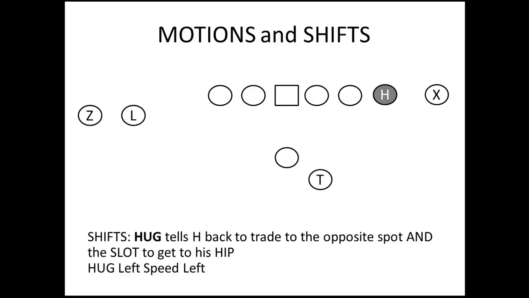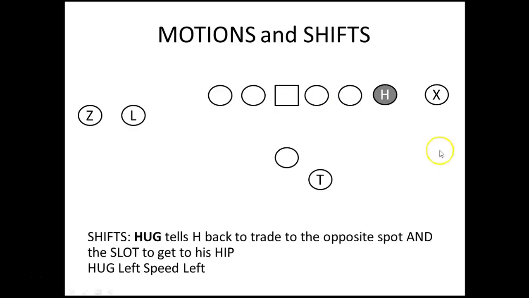So here we go. My first favorite one we would call hug. It would tell more than one player to move. We'd say hug left. And this would tell the H-back to trade to the opposite spot, and at the same time, the slot would get to his hip. So as you can see, we're in an ace right formation with the skinny guys in their correct ending spots to avoid any confusion.